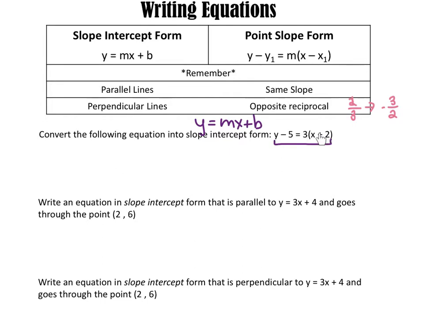Get rid of the parentheses and get your y by itself, and you'll be in slope-intercept. So in order to do that, I'm going to start out distributing my 3. It's going to give us y minus 5 equals, distribution, remember, you multiply, 3x plus 6.